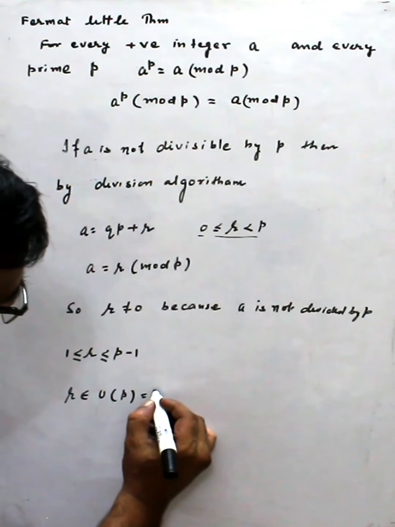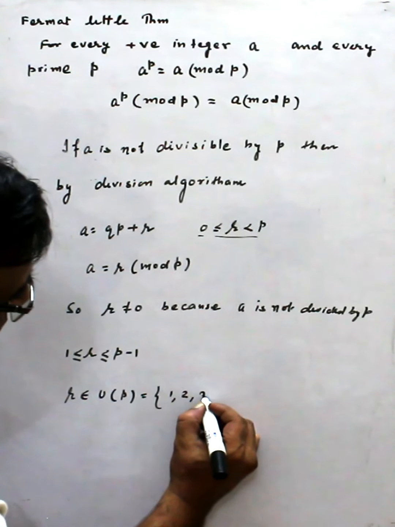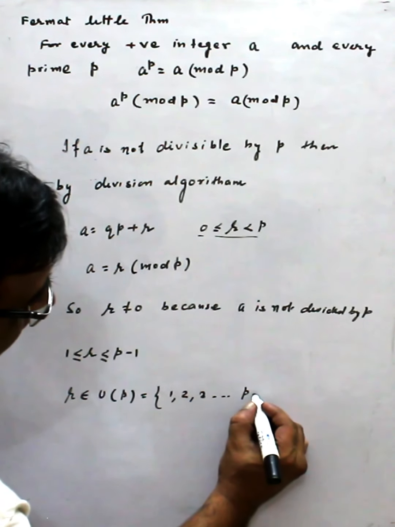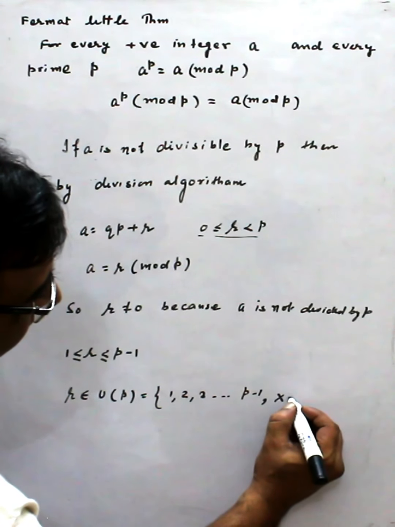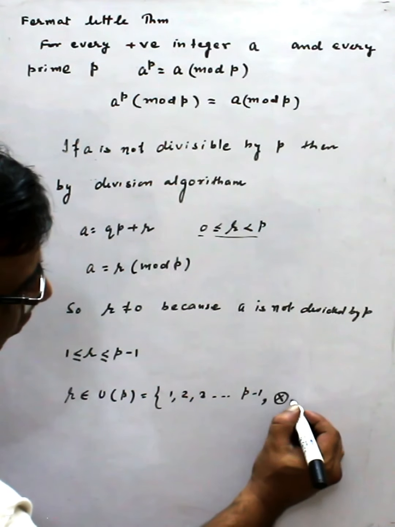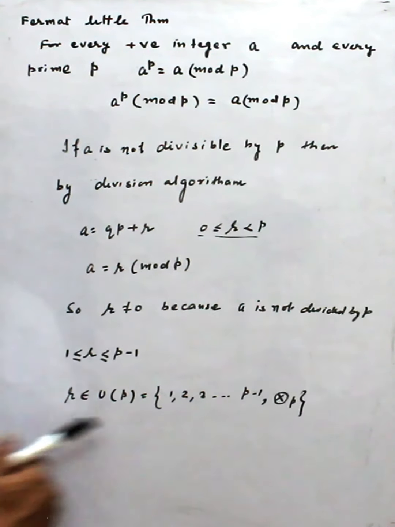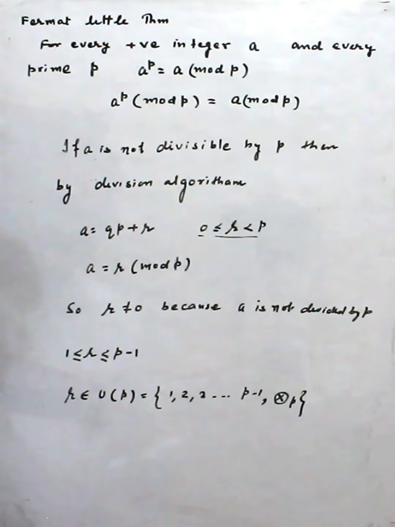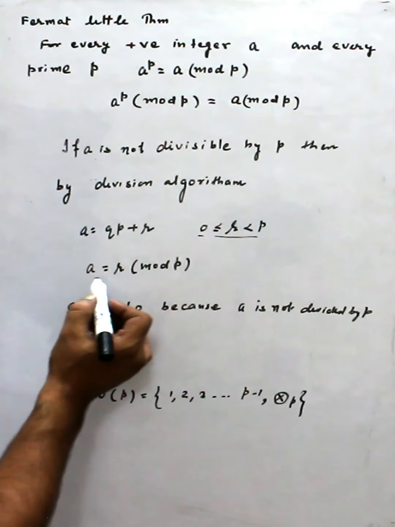U(p) is a group which has elements 1, 2, 3, up to p minus 1, and our operation we take is multiplication modulo p.